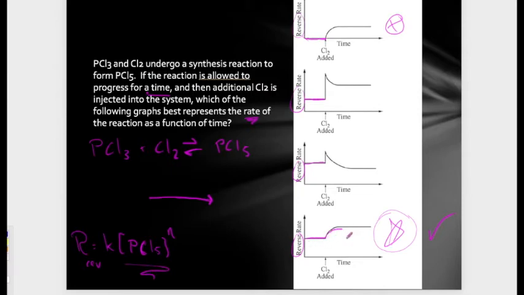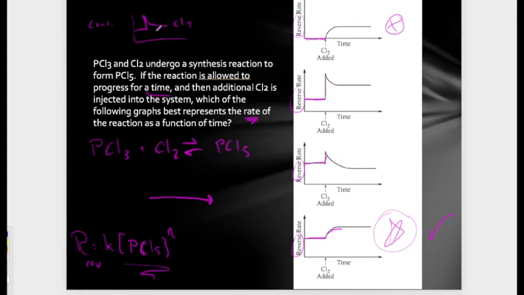I would not expect to see a quick spike all of a sudden in the reverse rate because the system is going to take some time to consume the excess Cl2. I would see a quick spike if I was looking at a graph of concentrations versus time, and if I had a line for Cl2, I would see a quick jump in Cl2, and it would go like this or something when the Cl2 is added.